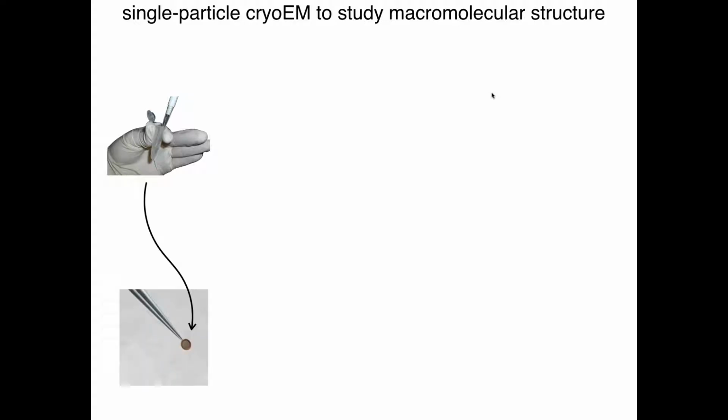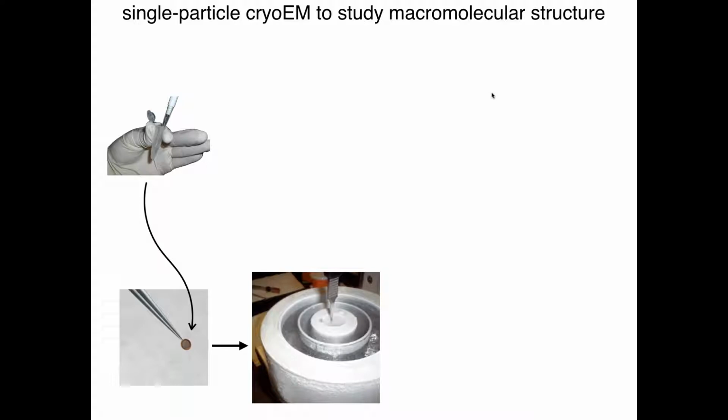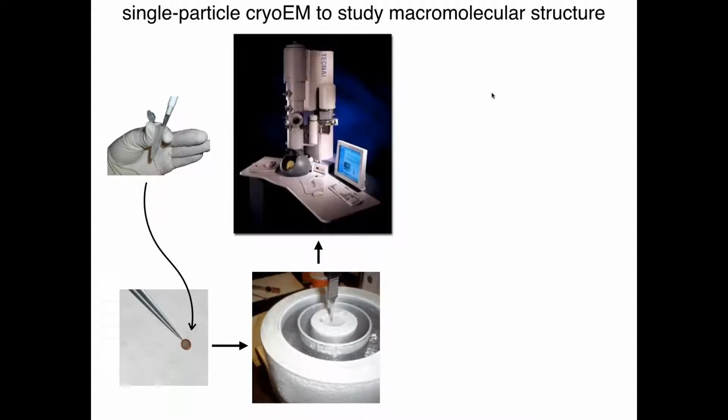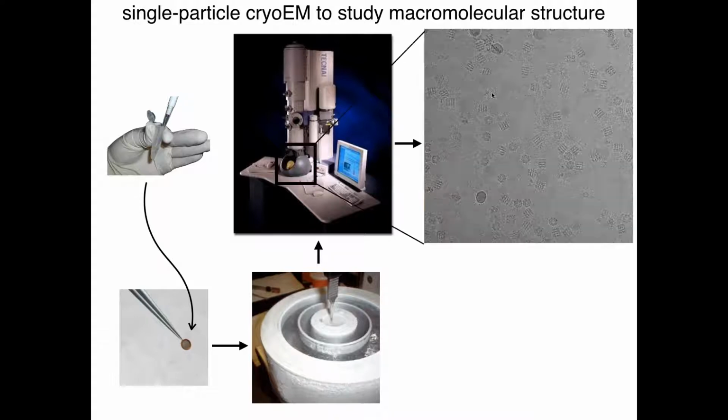You put it onto an electron microscopy grid. That grid is then plunge frozen into liquid ethane. Then you transfer the frozen sample into an electron microscope, and you start acquiring images of these frozen hydrated preparations of macromolecular assemblies.